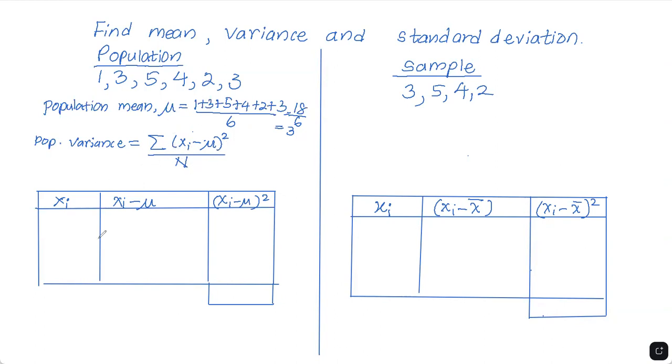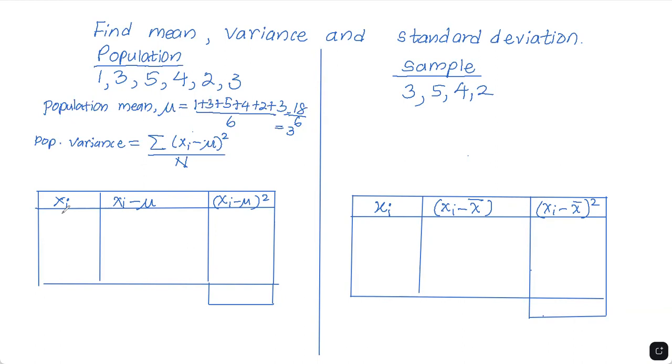It is easy if you draw a table like this. Xi is your data, xi minus mu is the difference between your data value and the mean of the population, and then take the square of all the differences.